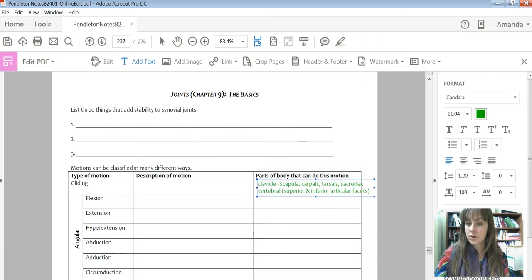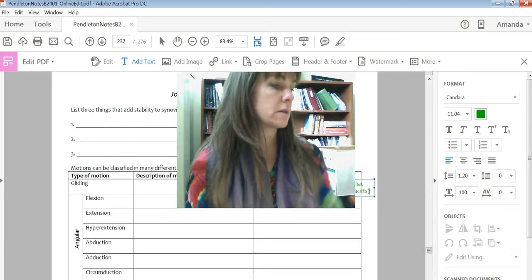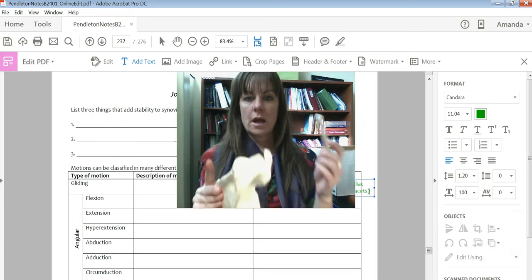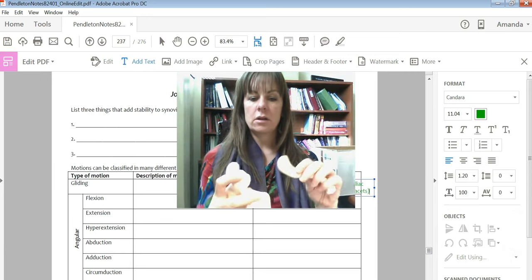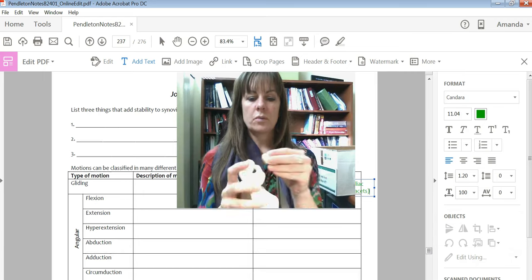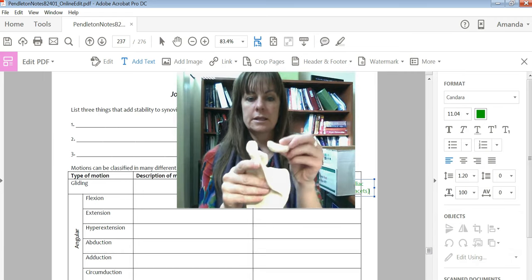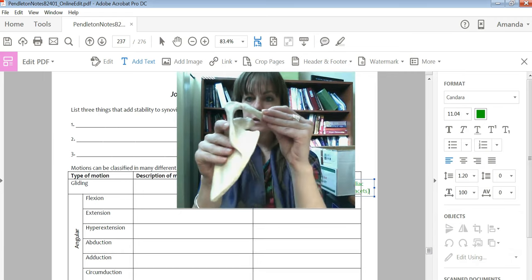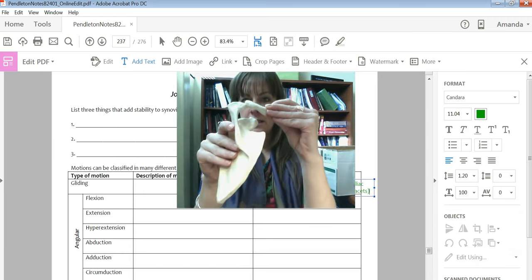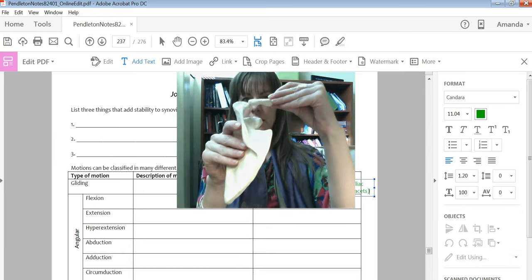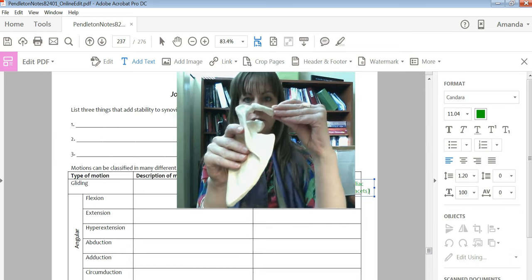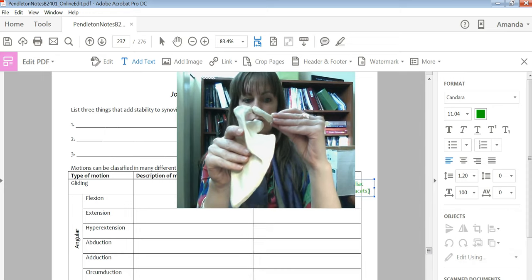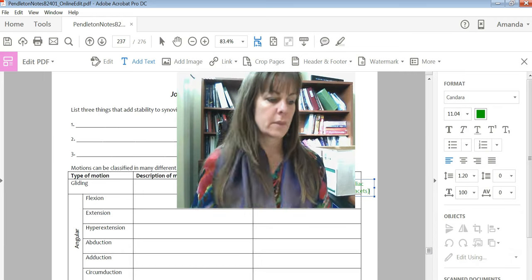And again, let me show you some examples of these. Here we've got the scapula, and the clavicle is going to join up with it right like this, and that's how this joint looks. As this moves up and down, you get a little bit of gliding past these two joints right here.